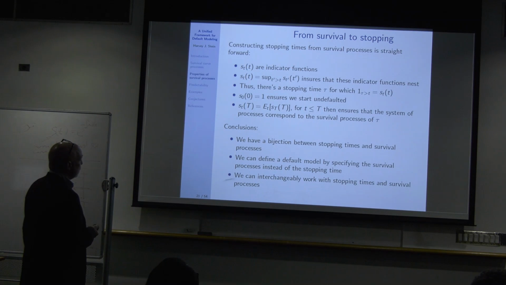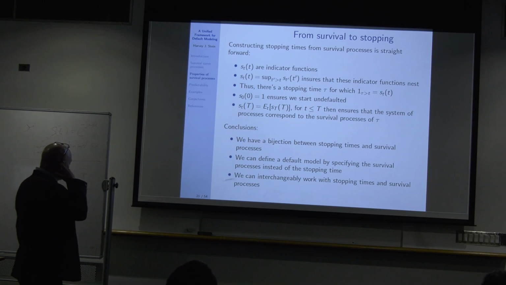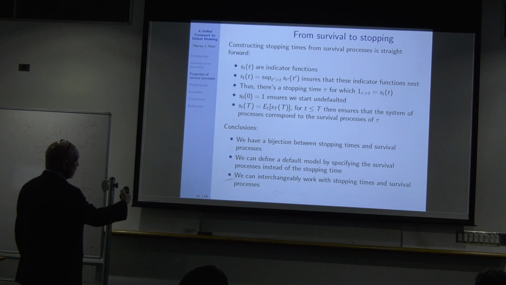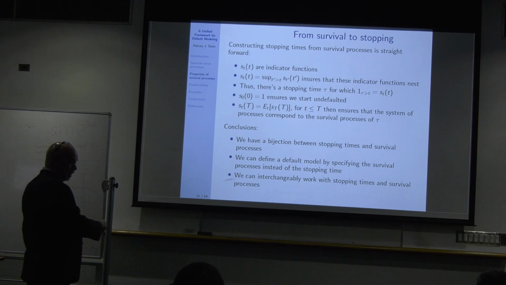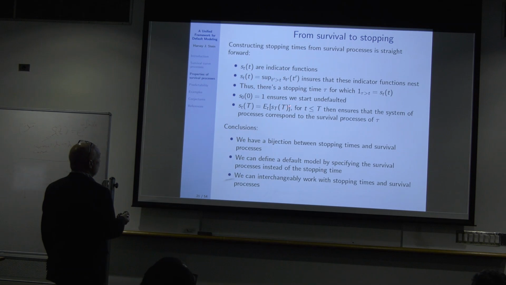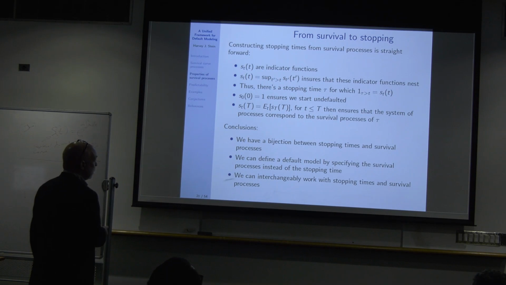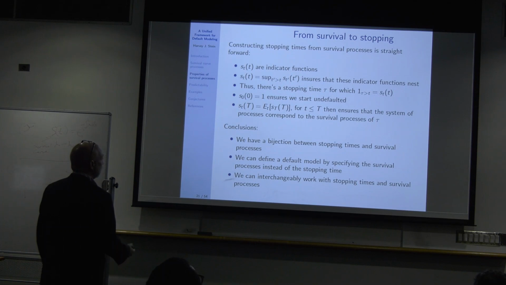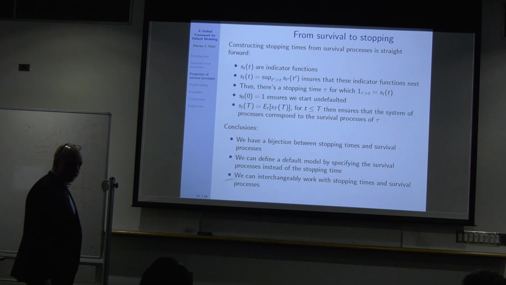These are indicator functions. S of little t is an indicator function, so S of little t equals 0 is the set on which tau is less than or equal to t. That sup condition is the condition that makes them nest properly. So between those two, you immediately have a stopping time, where the indicator of tau greater than t is S of t.